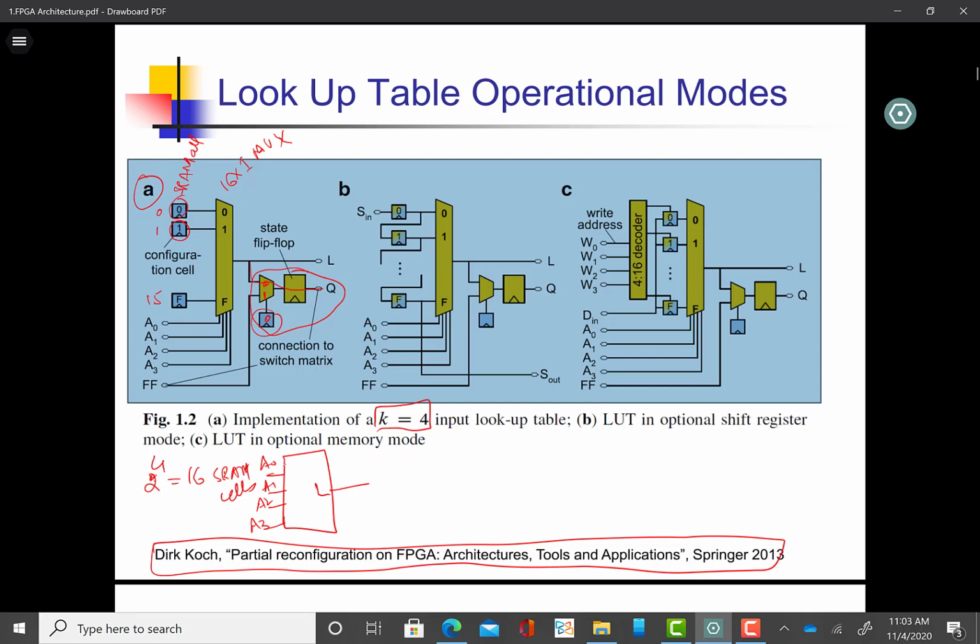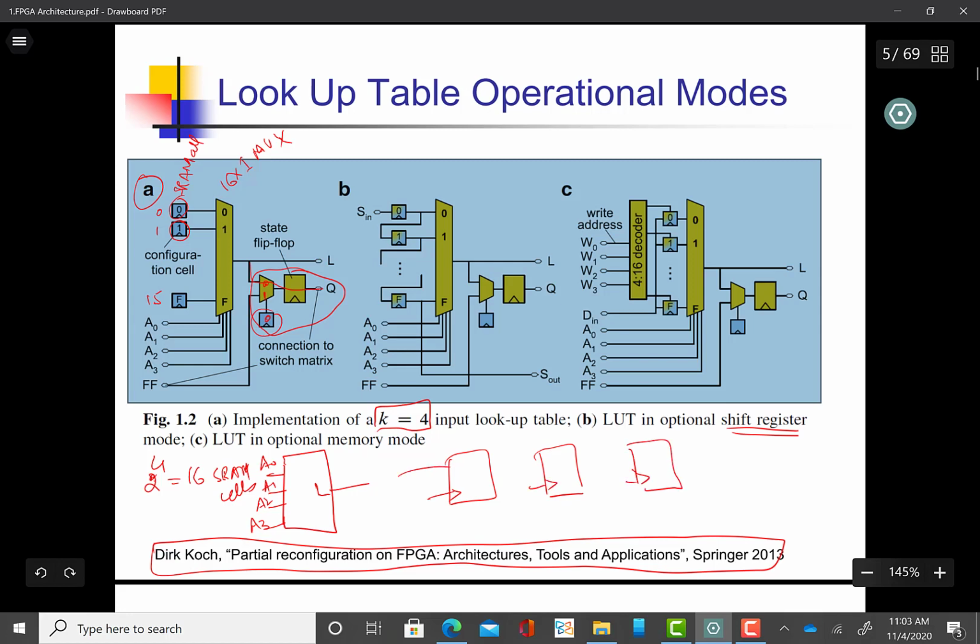And the second functionality that you can achieve with the lookup table is that you can implement a shift register. Just to remind you, a shift register is something like this, that you have multiple flip-flops and the output of one flip-flop is connected to the next. So this is our IN and this is our OUT.